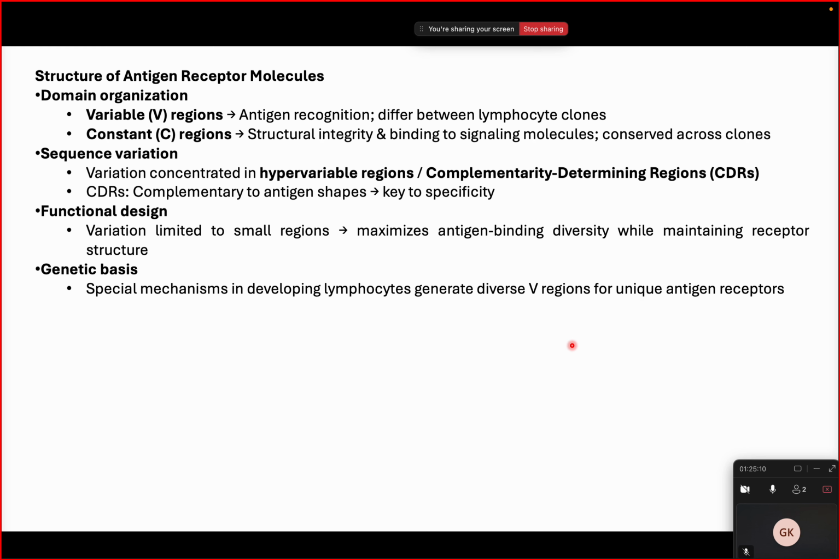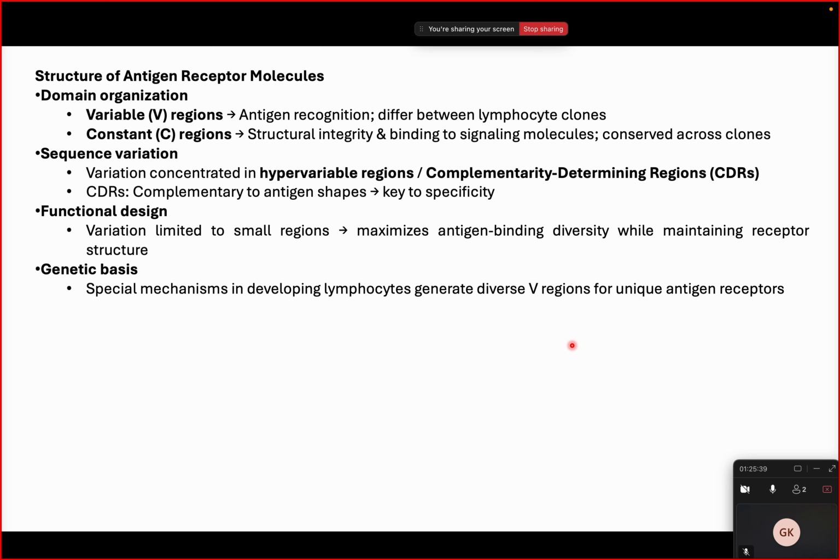So if we talk about the sequence variation, the variation in the antibody or antigen receptor is present in the variable region. Even in the variable region, the region which is highly sequence varied is called hypervariable regions or complementarity determining regions, or CDRs.